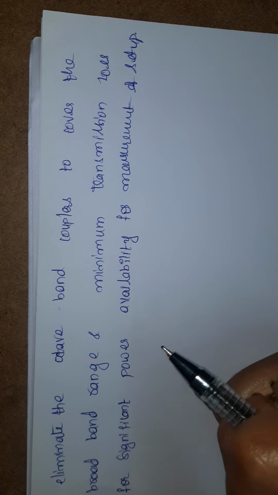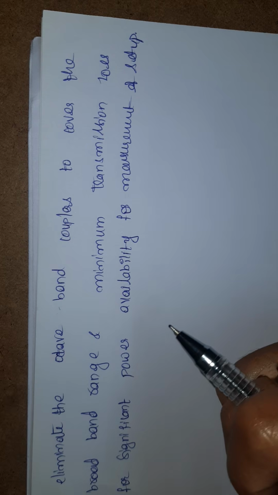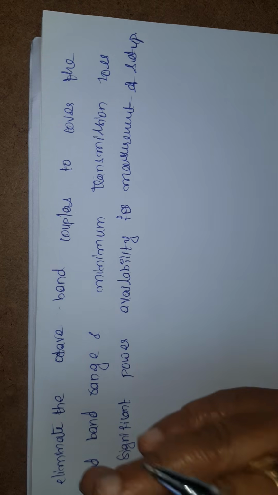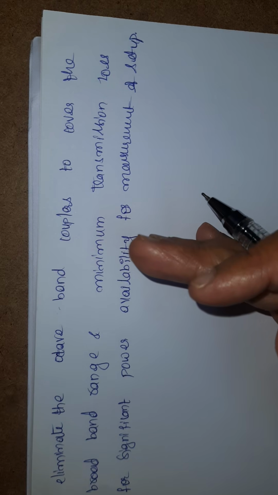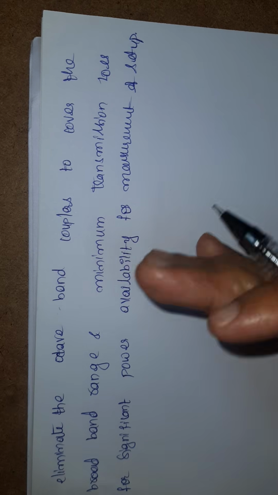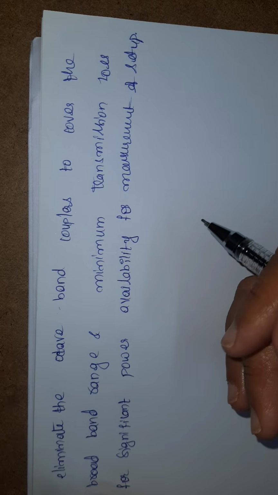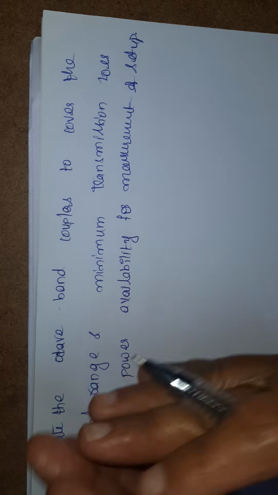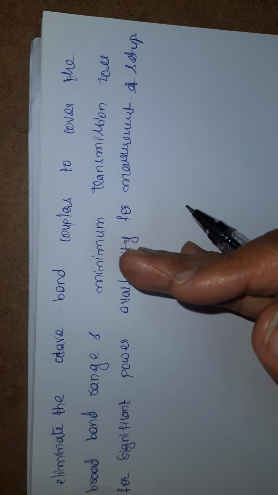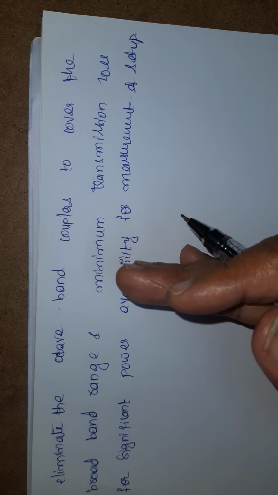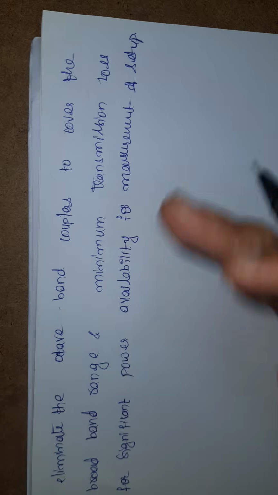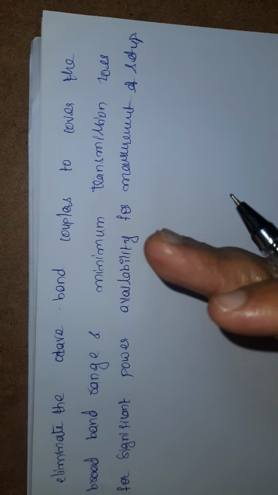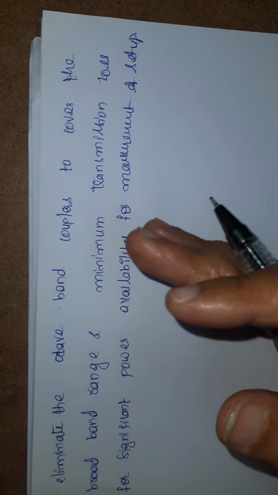SWR should be minimum, transmission loss should also be minimum, but the frequency range required should be very wide. If the frequency range is very wide, the advantage is that a broad range of communication can be developed.